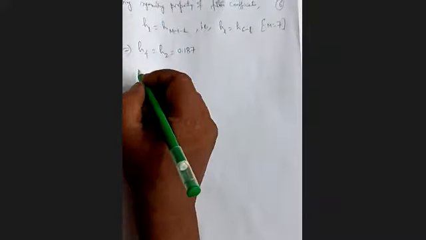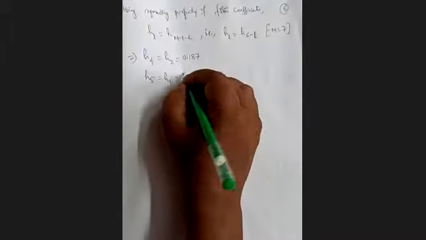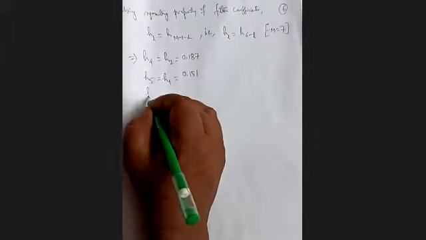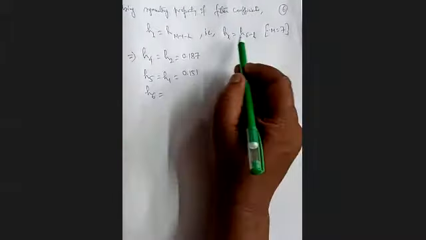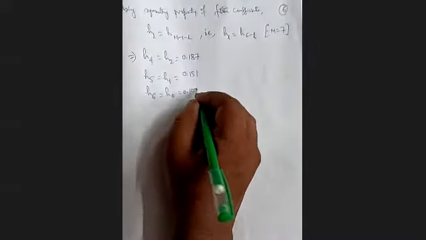Then H5. H5 means H1. What is H1? H1 is 0.151. Then H6. H6 equal to H0, which is 0.101.